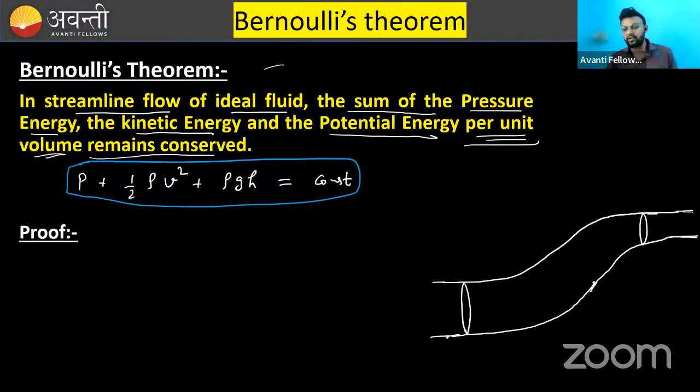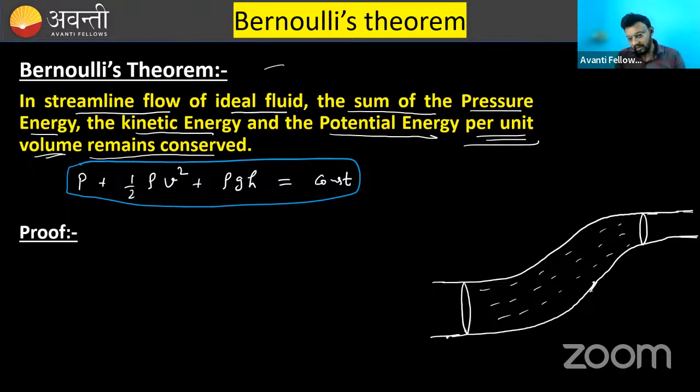I think the image is clear in your mind that my prime focus is on the fluid contained inside this portion. I am concerned with this fluid. Clear? This is streamline flow.